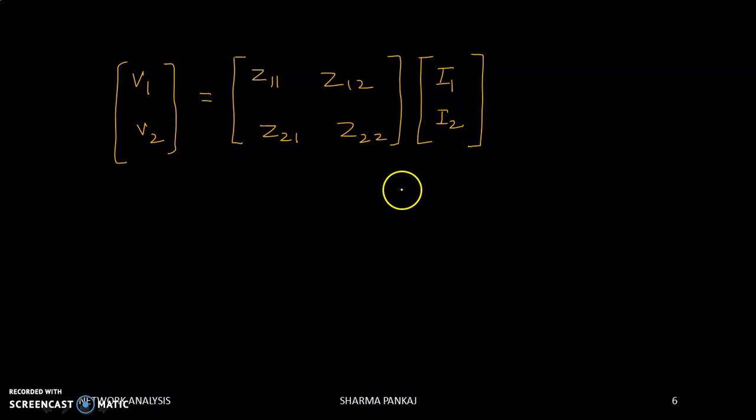That is, V1, V2 is equal to the matrix Z11, Z12, Z21, Z22 times I1 and I2. Equation number 1 and 2 in matrix form.